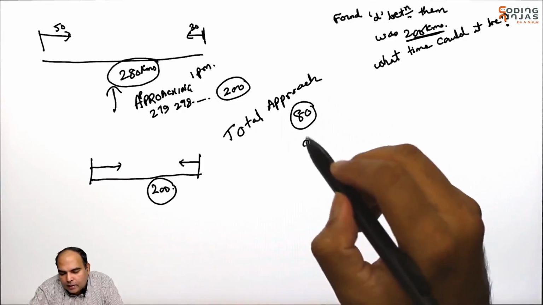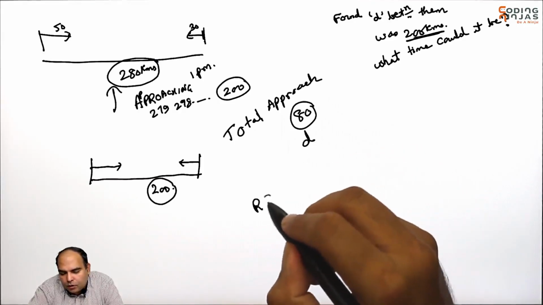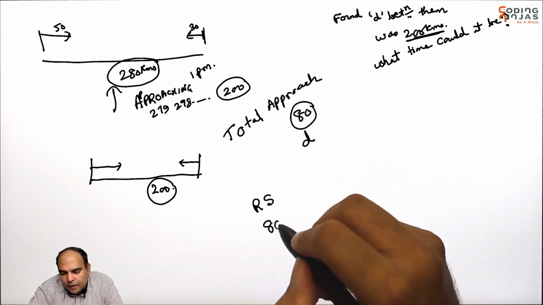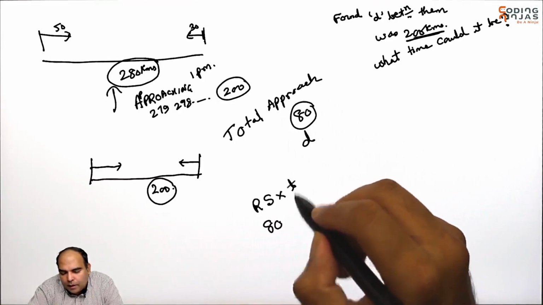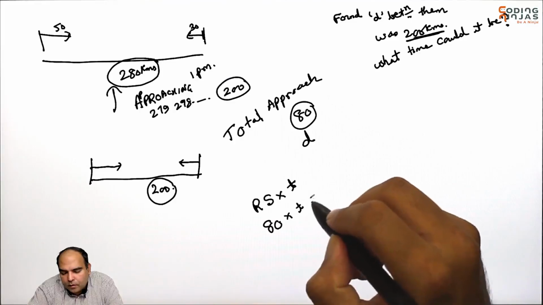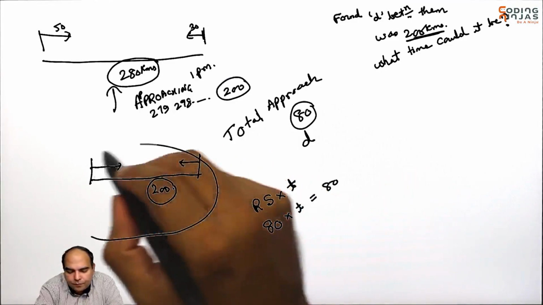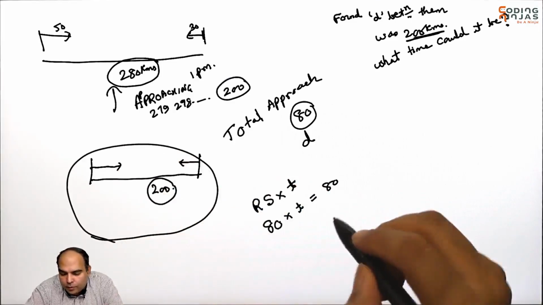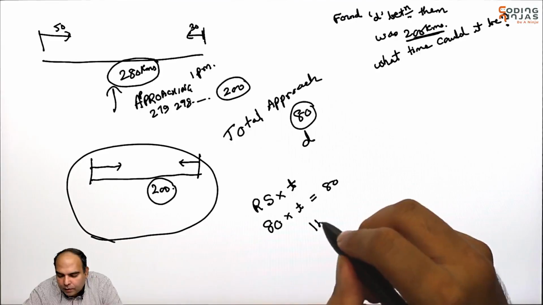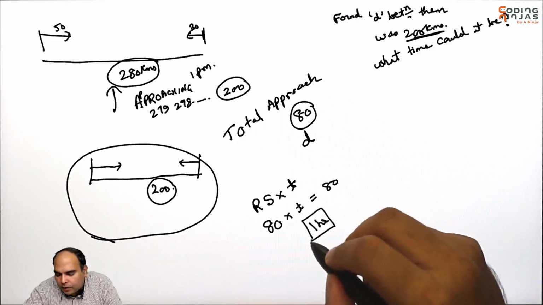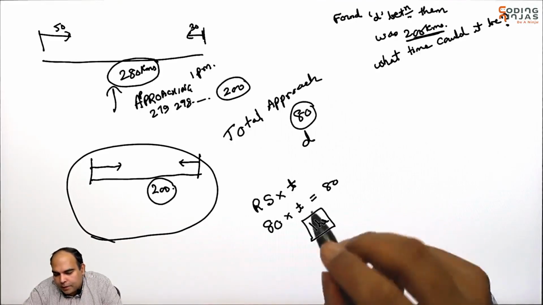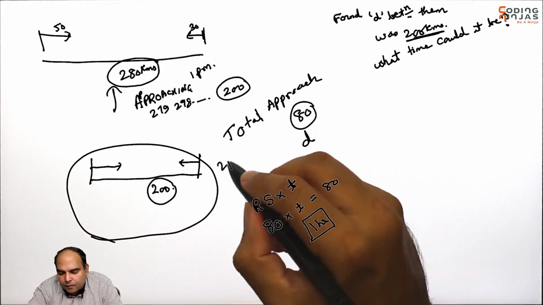Assuming relative speed is 80, time being t, t is equal to 80 by 80, which is 1 hour. So this picture where the distance is 200 kilometers will happen after 1 hour, and hence at 2 p.m.